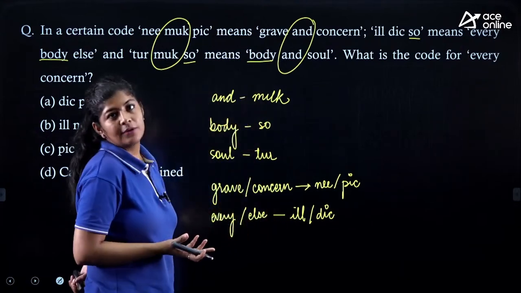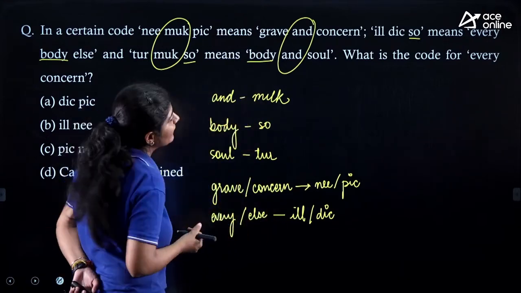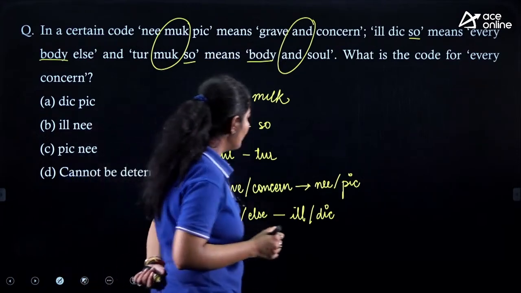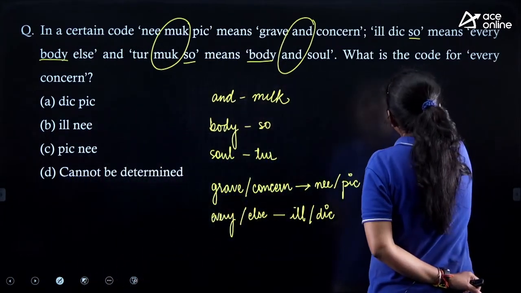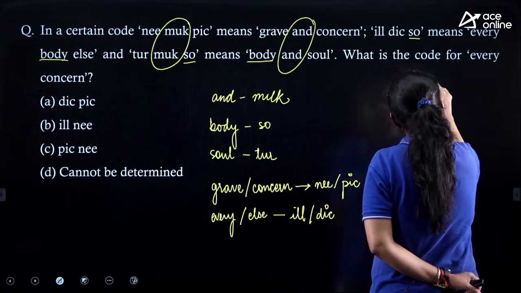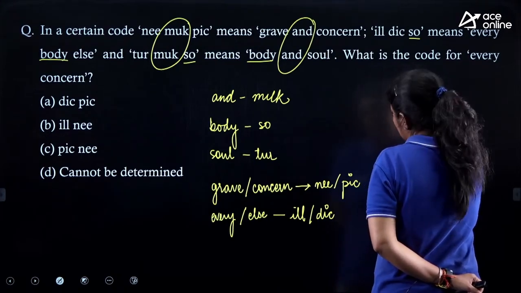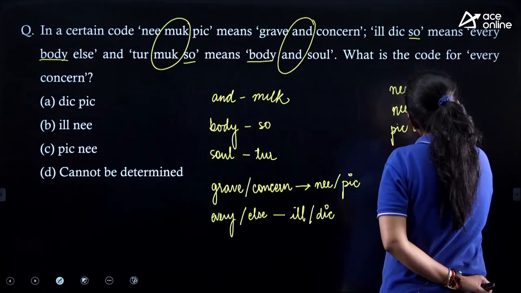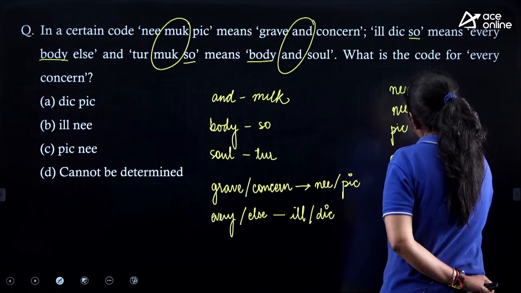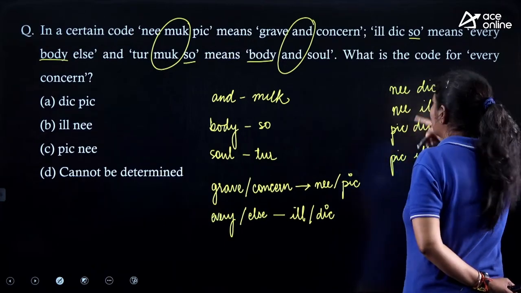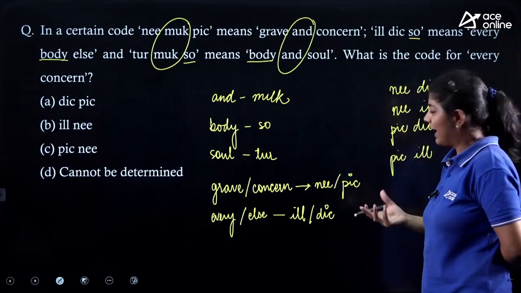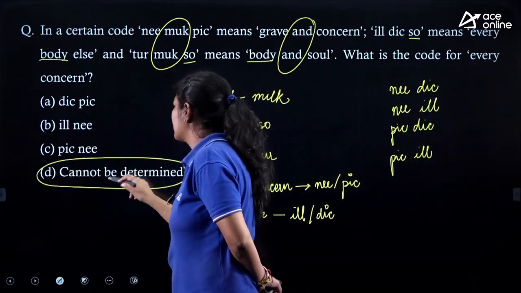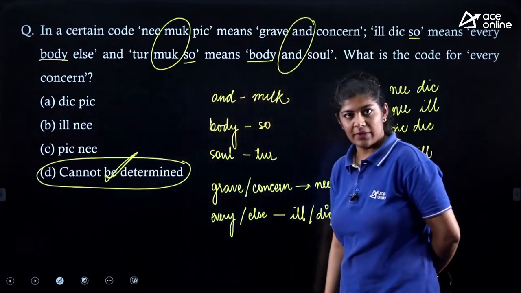But again, we are not able to determine the specific code, and the question is saying that we need to find out the answer for every concern. So, for every concern, the codes may be NEE, DIC, NEE, L, it may be pick, DIC, or maybe pick, L. Any one of them may be true, but as we are not having the specific code, the answer is cannot be determined, right?